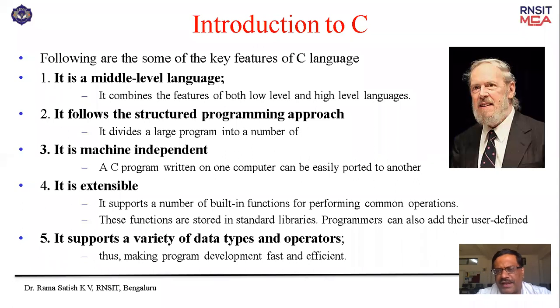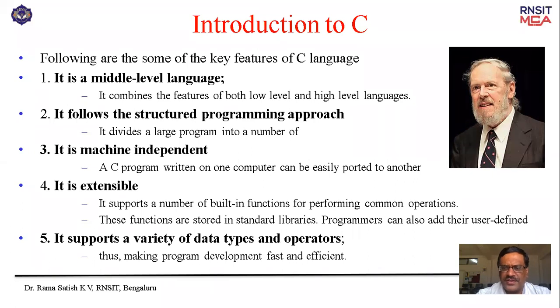So it is a middle level language. You can write device programs, application programs, and assembly programs. So many things you can do with C. So it is one of the strongest programming languages. The second thing is, whenever you are writing a C program, it follows a structured programming approach.